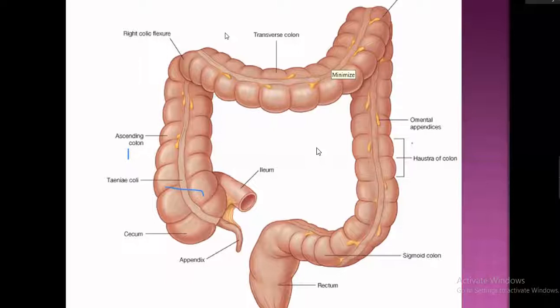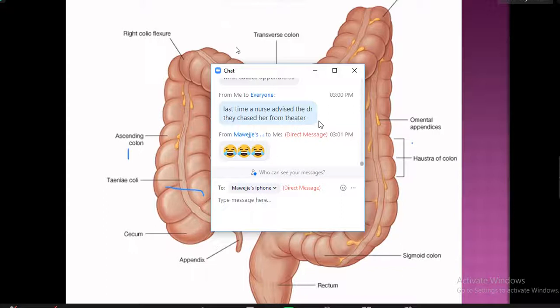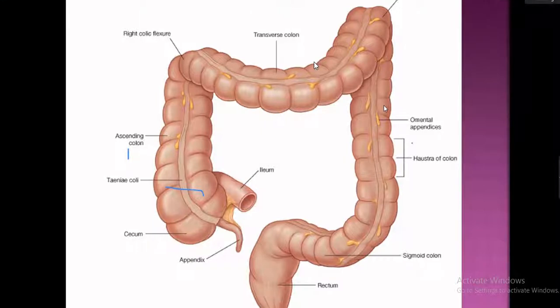Medicine has a way of humbling people. Those who do BTL also, please. This man here, please advise those who are joining to turn off their mics, okay?